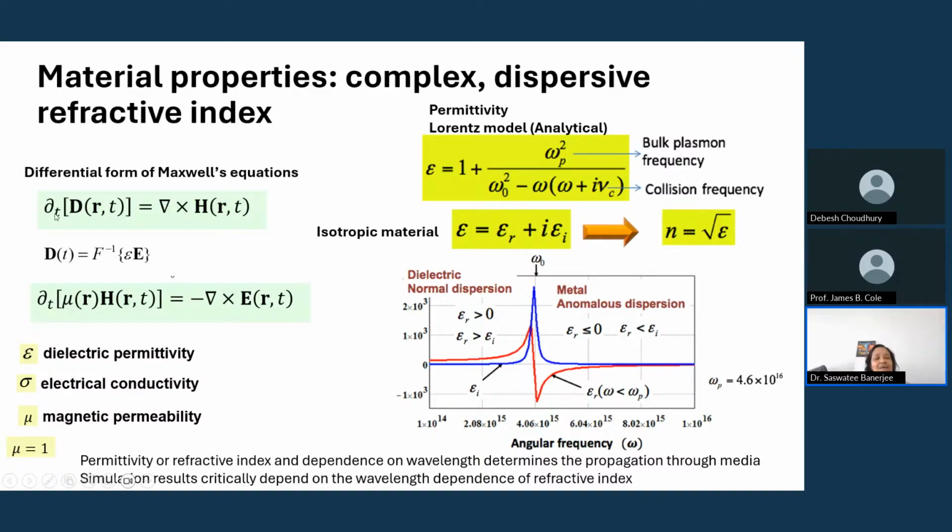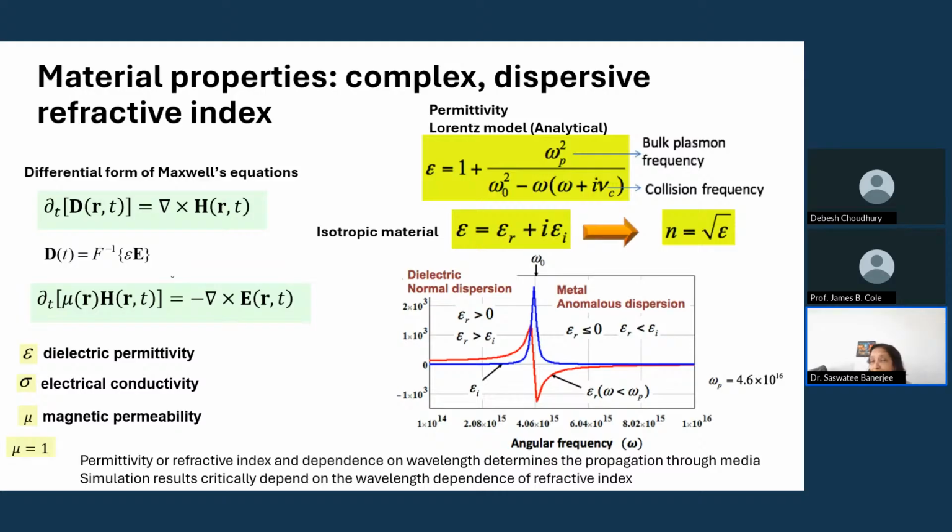If you write it in the frequency domain, in many cases for many materials, you can take this epsilon out of the equation and put it in front. But when you are writing in the time domain, this is not so simple. It is actually an inverse Fourier transform relationship there.